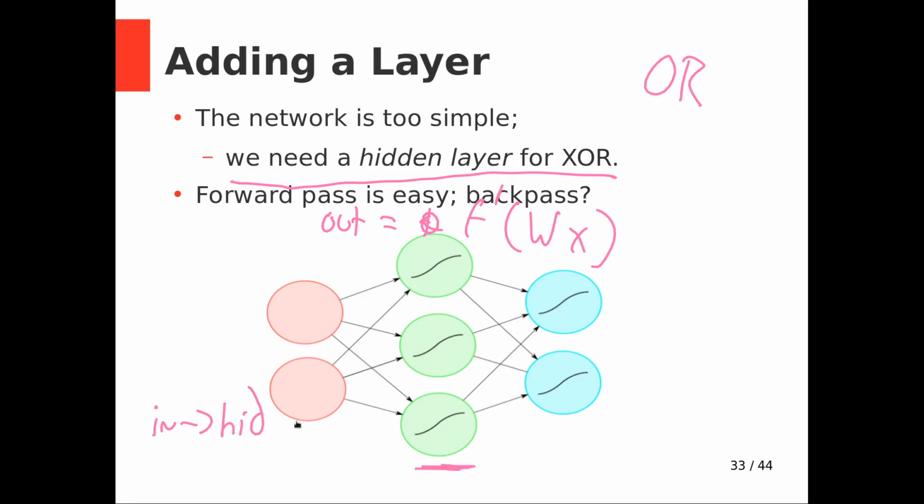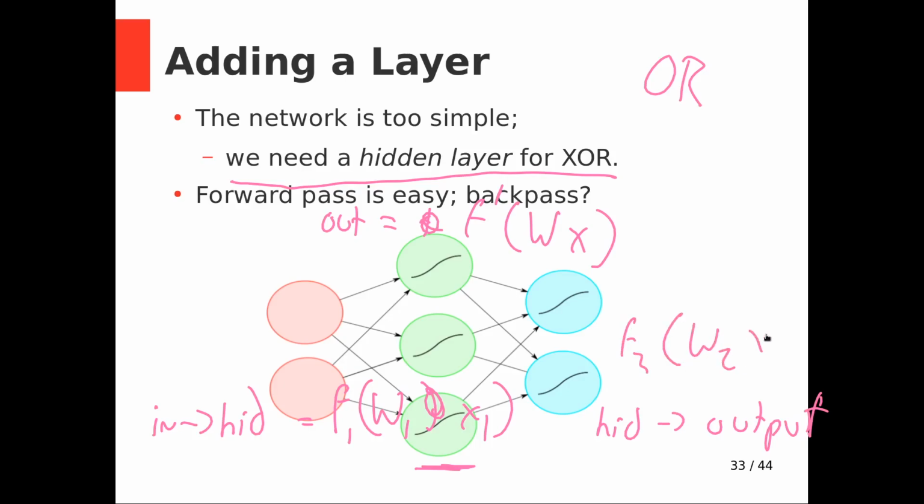So the input to hidden is going to be, let's call it f1 for layer 1, of w1 times x1. And then hidden to output is going to be f2 of w2 times hidden.